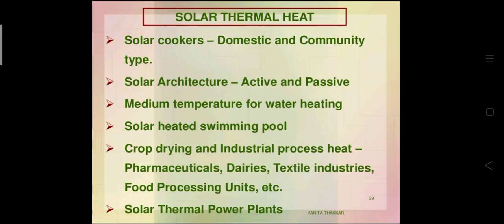The water in the swimming pool is lightly heated by solar panels. And crop drying and industrial process heat: pharmaceuticals, dairies, textile industries, food processing units, etc. Finally, these are used in solar thermal power plants.